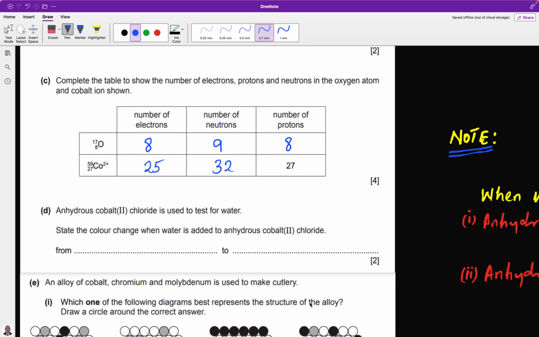So, state the color change when water is added to anhydrous cobalt 2 chloride. From what we have just seen, the color is going to be from blue to pink.